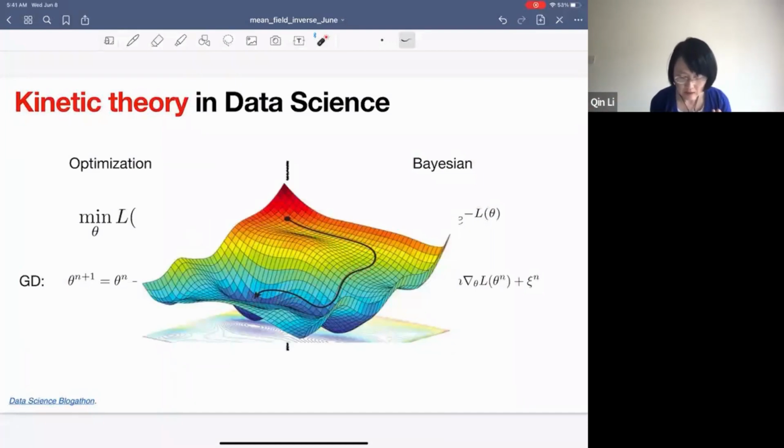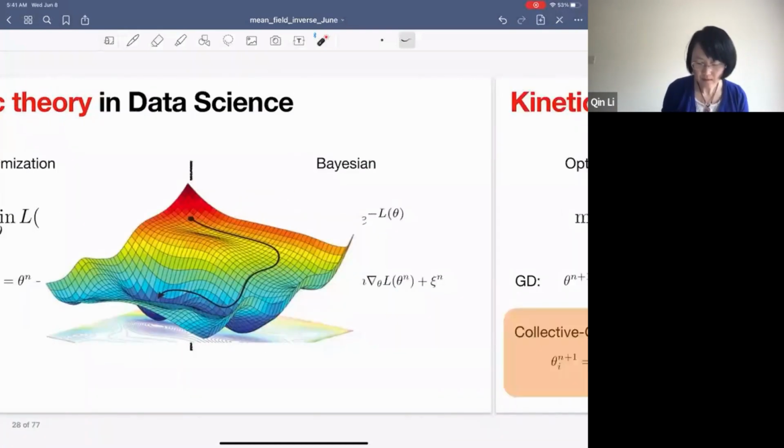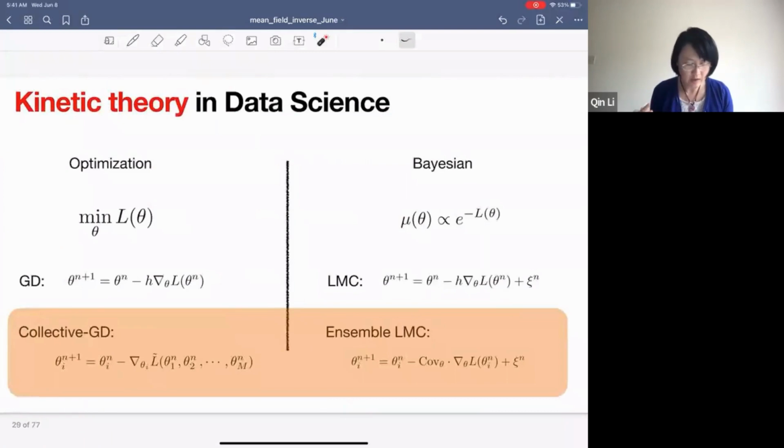So in recent years, people discover maybe, just maybe, one particle is not enough, especially in this case, where apparently you have multiple minimum points. So why do you confine yourself to the setting where you can only have one parameter to play with? The argument here is that we want the collective information. Instead of having one particle changing from one configuration to another, now I have collective knowledge.